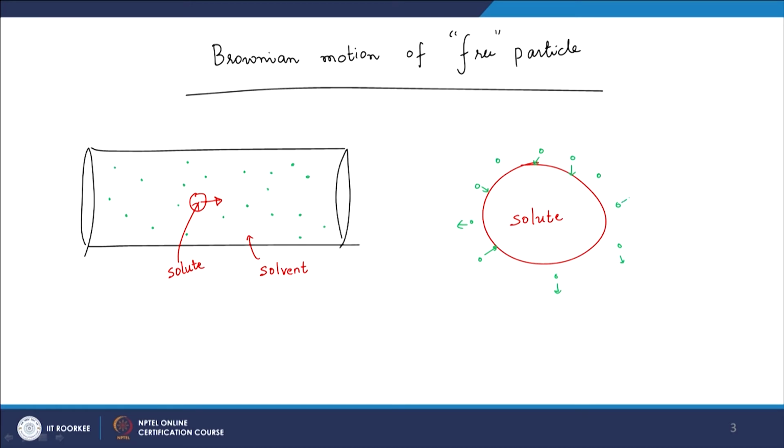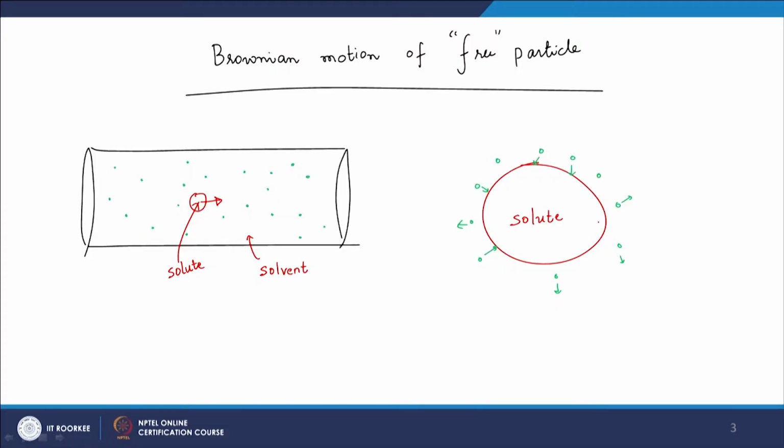Of course, not all of them, but they are bumping into it, and because of this bumping it is getting some thermal motion or fluctuation in its motion, and the solute also can have some motion V that again can change in direction with time, because at every moment it is experiencing a different configuration of water molecules around it, or different orientation of water molecules around it, or different momentum of water molecules around it.